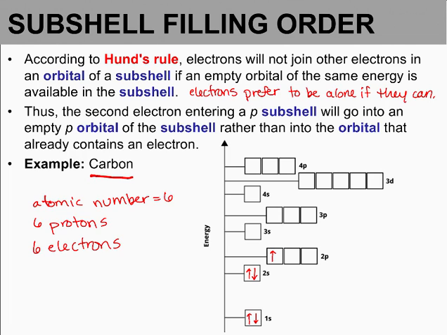In this case, there are 2 other orbitals in the 2p level, so we can put an electron by itself in the next orbital. And again, this is Hund's rule. So this would be our energy diagram or orbital diagram for carbon.